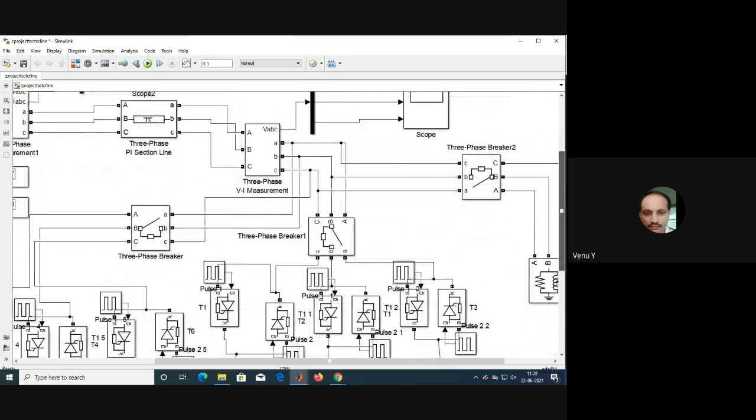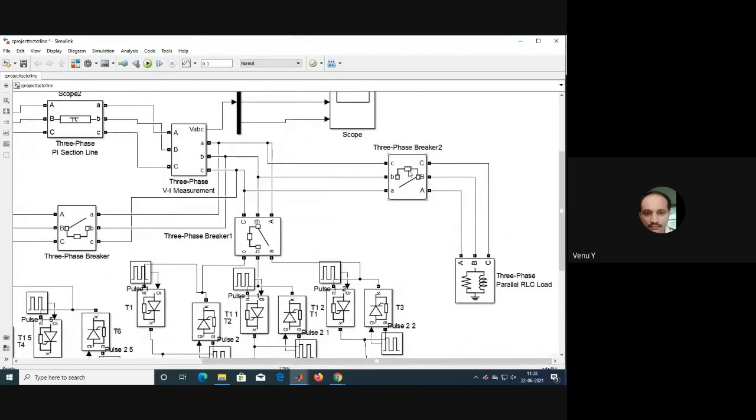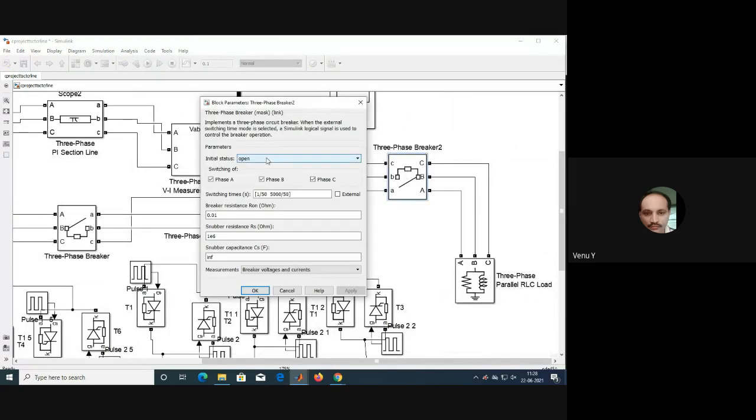And now let us go to load. This is the load. A three-phase breaker is used here. It is normally open. It is closed at first cycle and opens at 5000 cycles. So in the steady state, you will get these values. Therefore, it is closed.